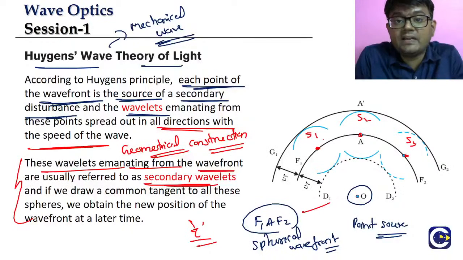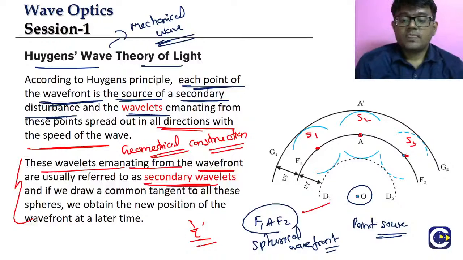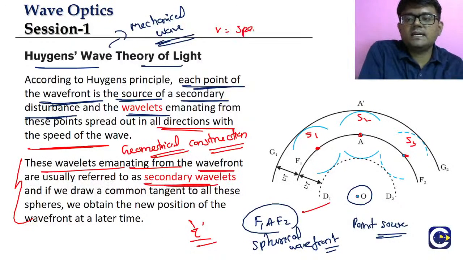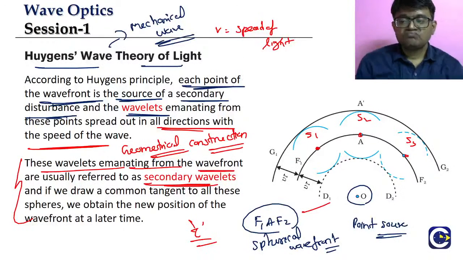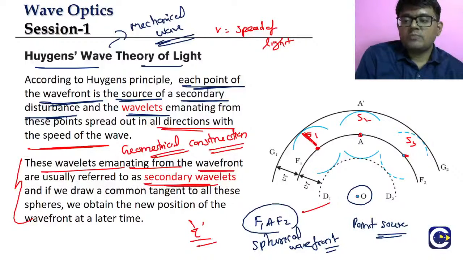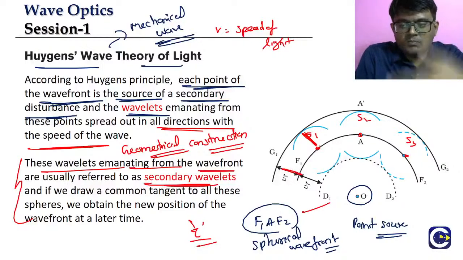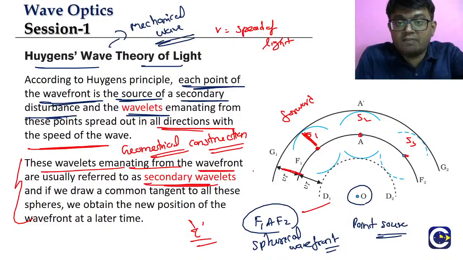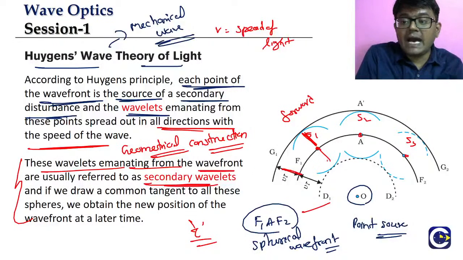With what speed will they travel? They will travel at a speed equal to the speed of light. Now if you mark the speed of light as v, in time tau, these wavelets would have traveled a distance of v into tau, both in the forward direction, forward meaning anything away from the source, as well as the backward.